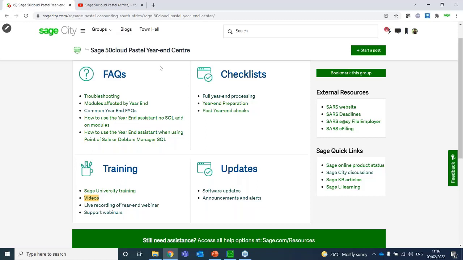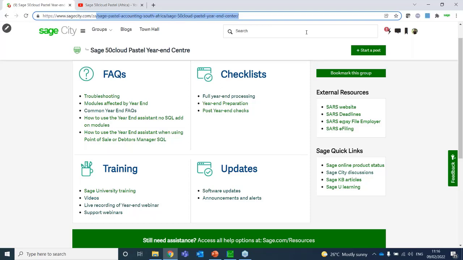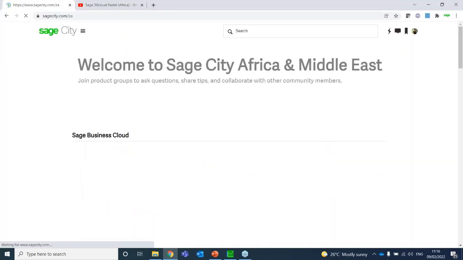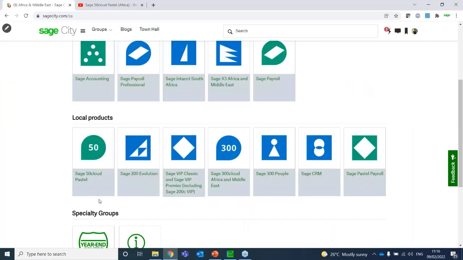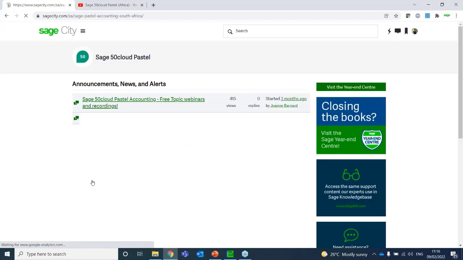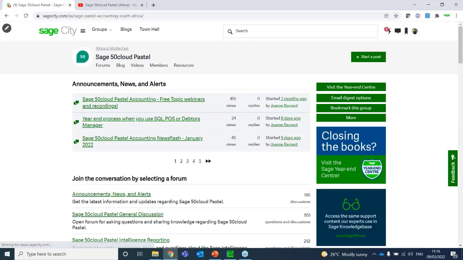Then guys, a question that came up is, how did I get to the infographic? So how I got to the infographic is I went to sagecity.com. So this page. I then went to Sage 50 Pastel, and guys, the year-end infographic will also be on the news flash, just so you know.